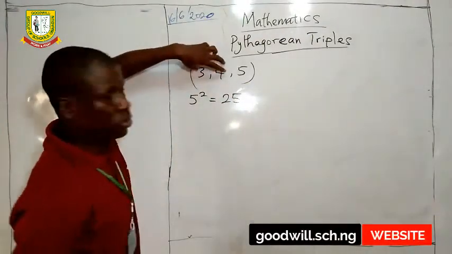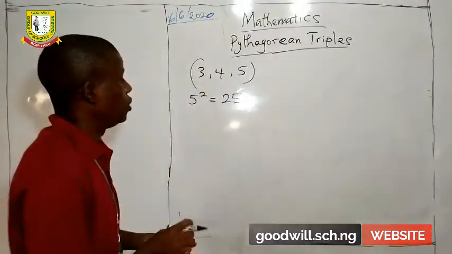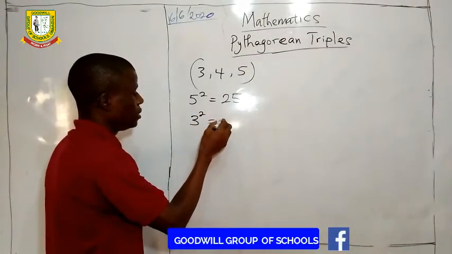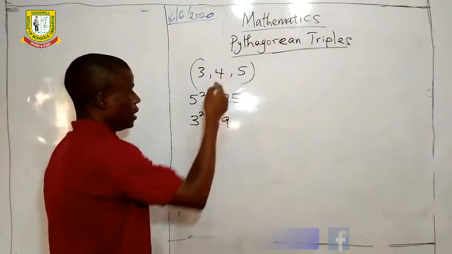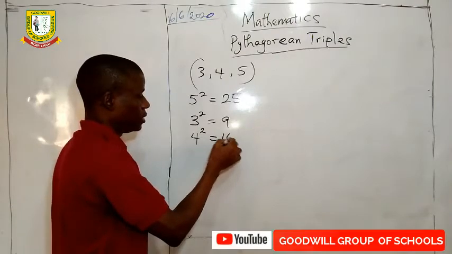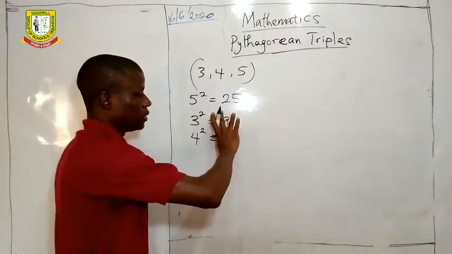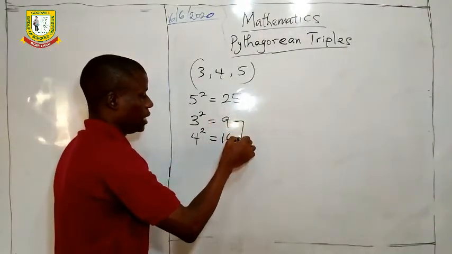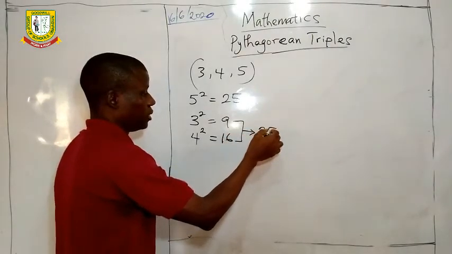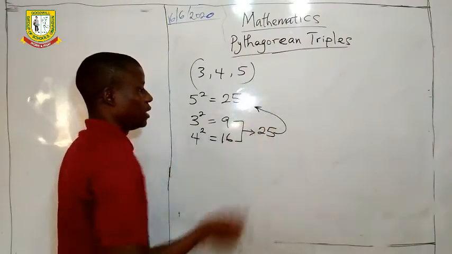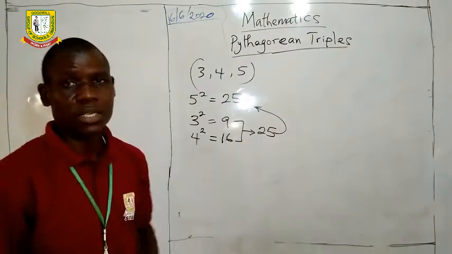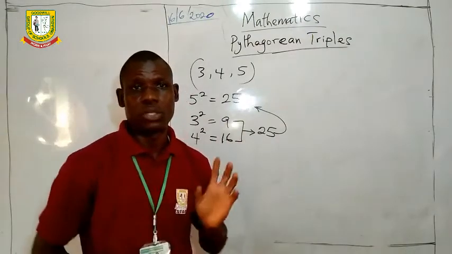Now come to the remaining 2. The square of 3 is 9, and the square of 4 is 16. Now, add these 2 together. 9 and 16 added give us 25, which is exactly the same as the square of 5. So these 3 numbers are Pythagorean triples.